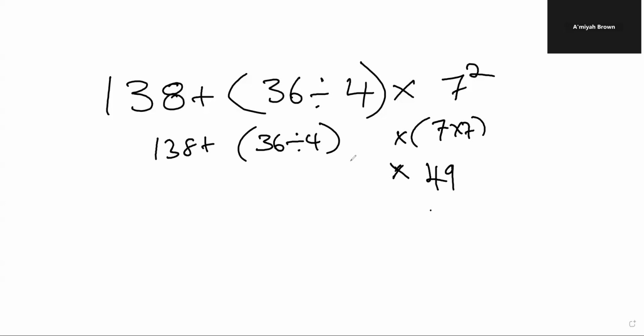And the bracket would be 9. And you're going to multiply the 49 by the 9, which will give you 441.